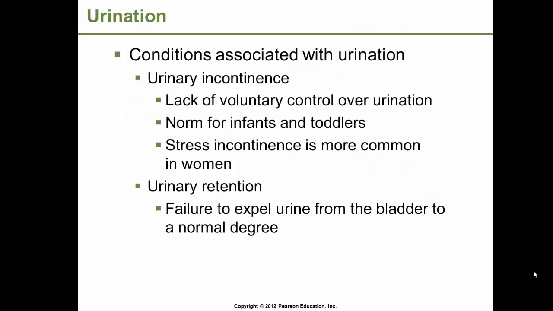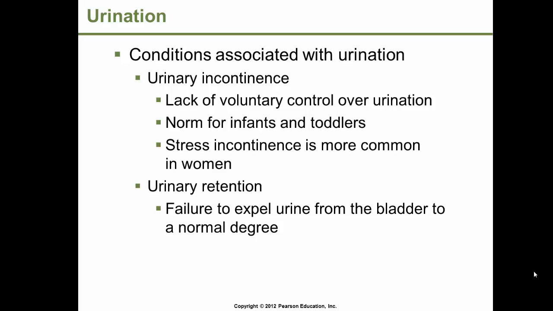Conditions associated with urination are incontinence or retention. Urinary incontinence is lack of voluntary control over urination. It's normal for infants and toddlers, and stress incontinence in women is more common due to childbirth. Urinary retention is the failure to expel urine from the bladder to a normal degree.